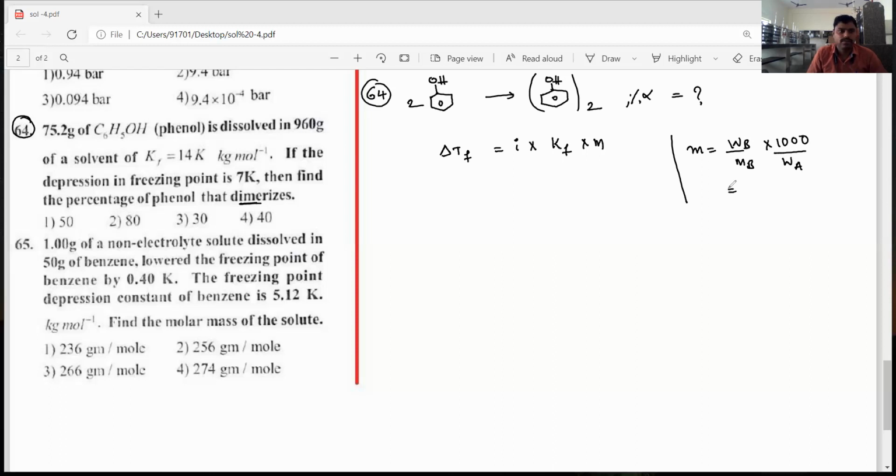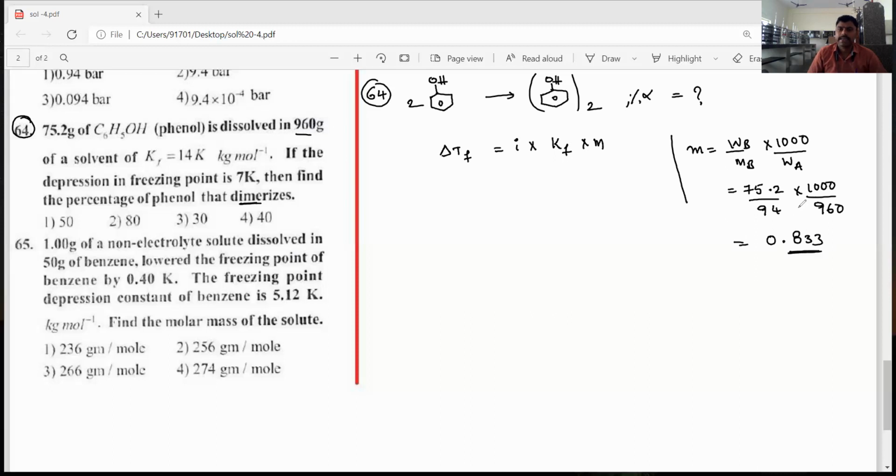The weight of phenol is 75.2 grams and its gram molecular weight is 94, into 1000 by the solvent, 960 grams.